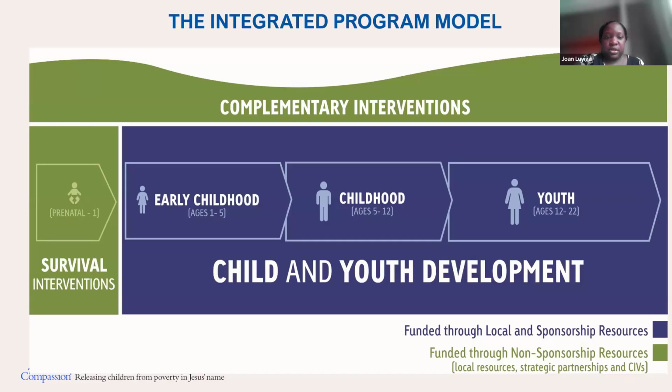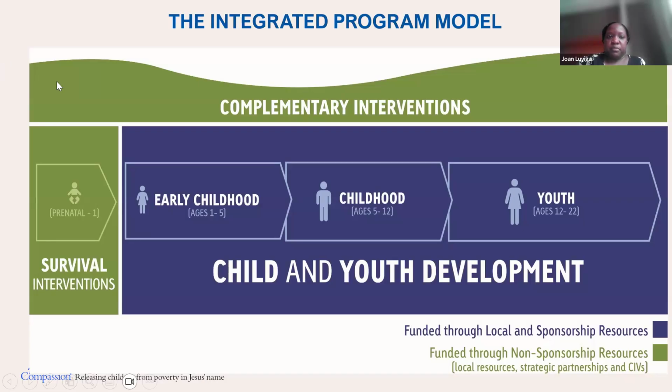Infants usually refer to the babies who are in survival. Then we have the children who are from the age group around 1 to 5, 1 to 12. Then we have the youth from age group 12 and above until they leave the program.